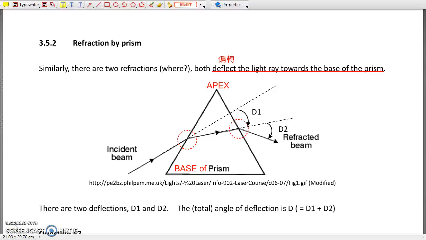Every time when the light ray bends, the light ray changes in direction. First, by angle d1 in the first refraction, and then by angle d2 in the second refraction. So altogether, the angle of deflection is d1 plus d2.